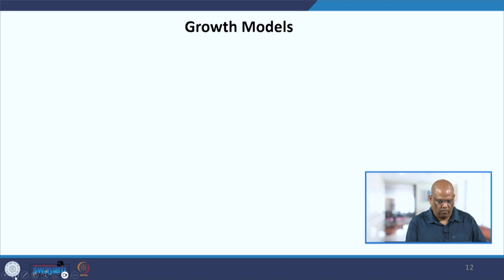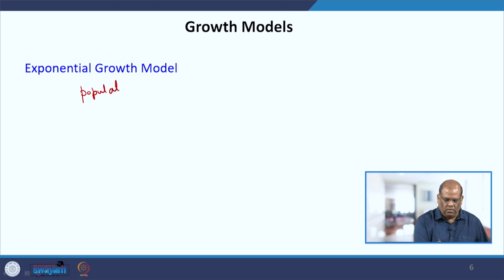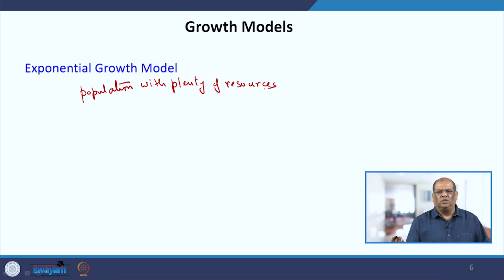We next move to the exponential growth model. In the exponential growth model, you consider, say, a population with plenty of resources, and there is no threat from anybody, say any predator.